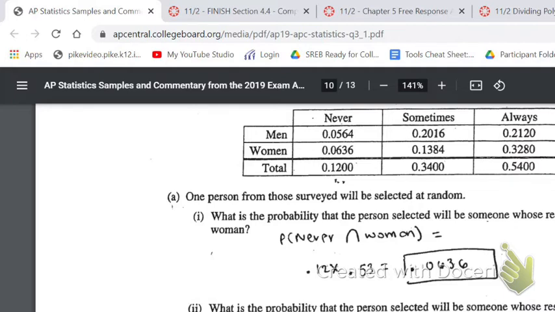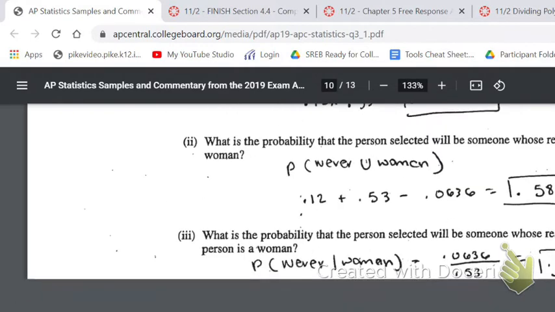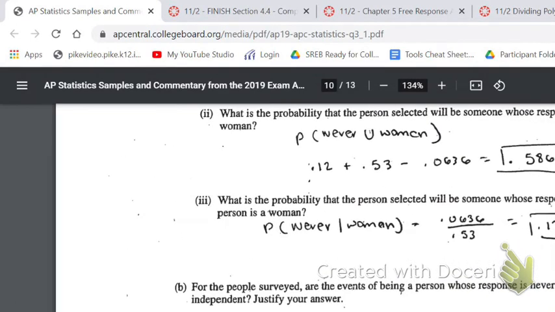This is my whole world with given information. Given that, that's the only thing I'm looking at. And so everything would have to come out of this row. So then I'm looking for woman and never. There's my numerator. Out of all the women, 0.53. So far, so good? Okay. So that's where they got that 0.12 from.